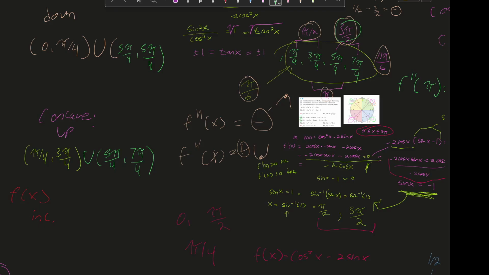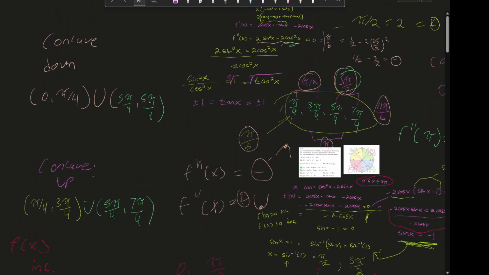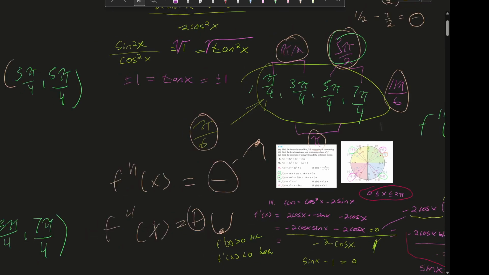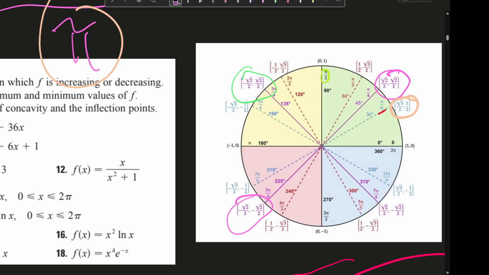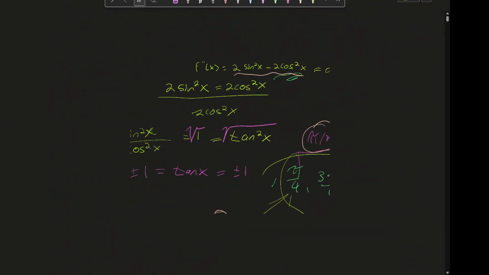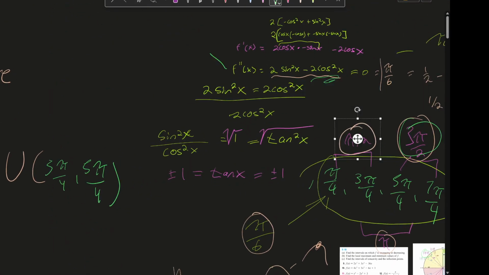The last thing we have to test, 1, 2, 3, 4, 5, yes, the last test, is 11 pi over 6. I'm going to have to look at the unit circle for this. 11 pi over 6 is right here. That's your x, or your cosine, and that's your y, your sine. Y is negative, cosine is positive: root 3 over 2 and -1/2. So sine is -1/2, squared times 2, minus 2 times root 3 over 2 squared.